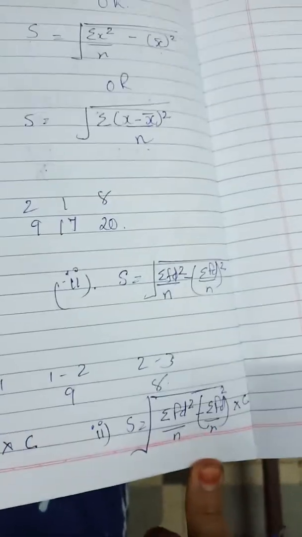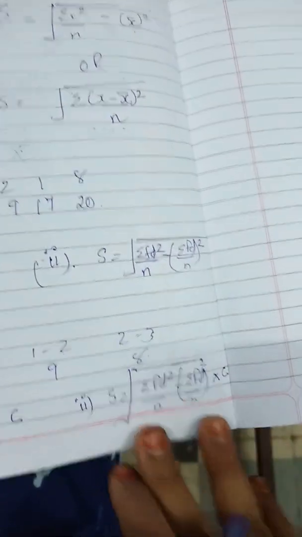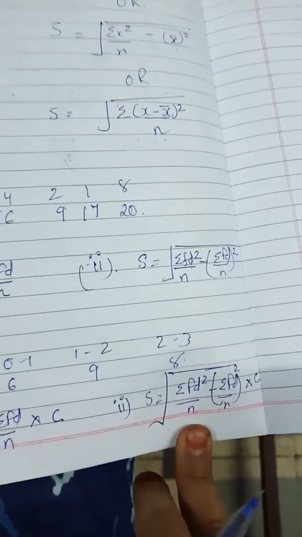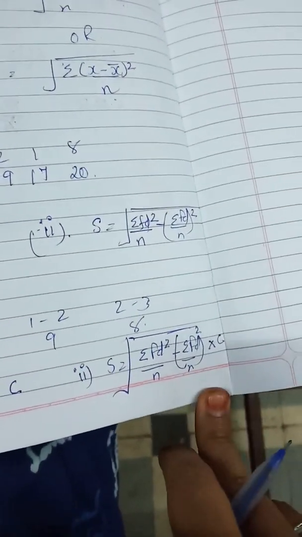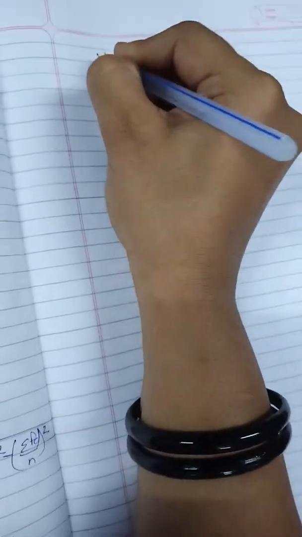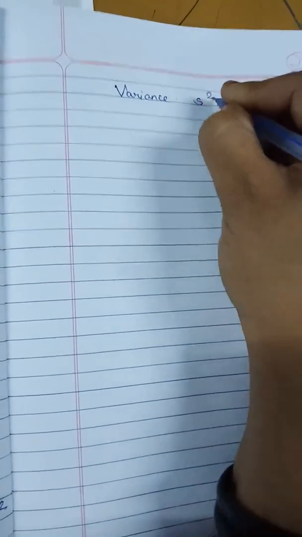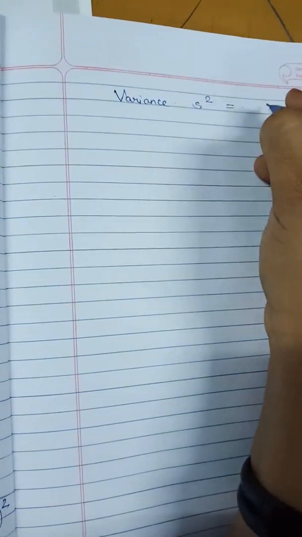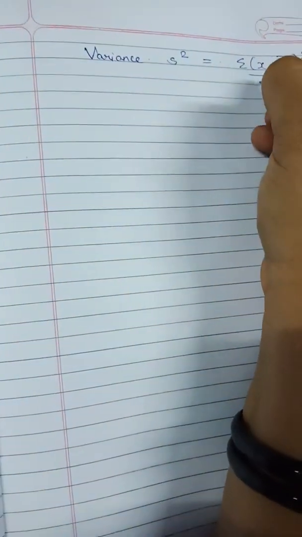And one more thing, whenever you are finding standard deviation, if there is unequal class length in classes, I am telling you, when there is unequal class length, at that time c is not going to come. So these are the formulas. Then one more formula, related to variance. Variance means s square. The formula of variance is sigma x minus mean the whole square upon n.